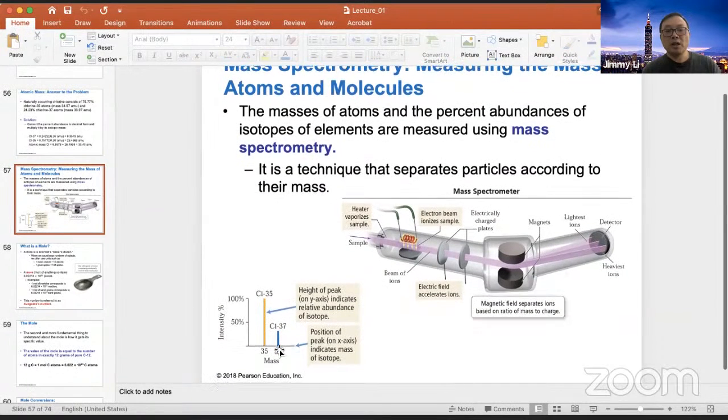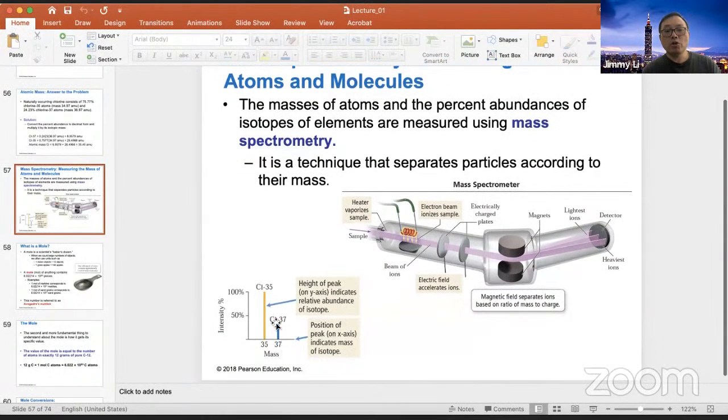You can see at the bottom of that chart that they separate the particles. The height of the peak indicates the relative abundance of each isotope. That's why chlorine-35 is about 3 times chlorine-37.